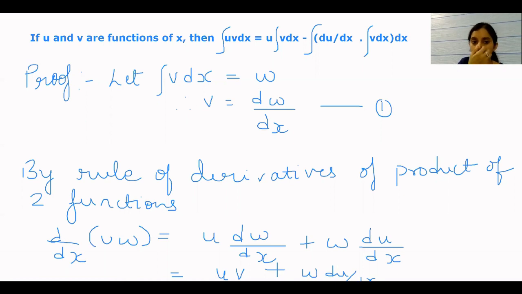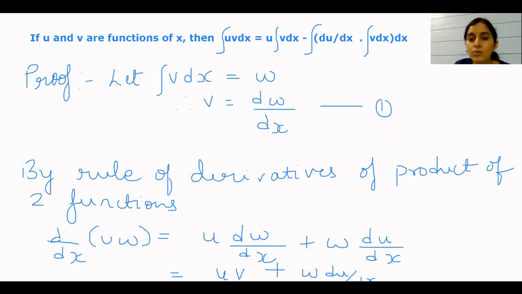u and v are two functions. It could be trigonometric and exponential functions together, or algebraic functions and trigonometric functions together. When they are multiplied and then integrated, how do we integrate this kind of combination? You need to find out which of them is a direct integral.